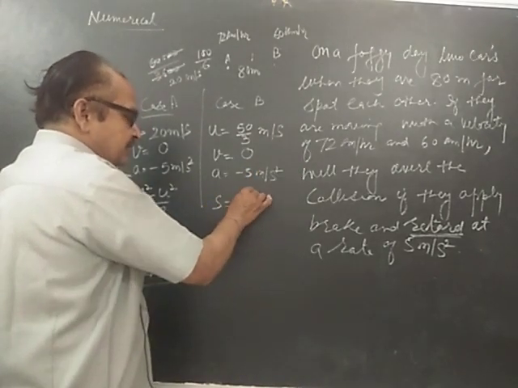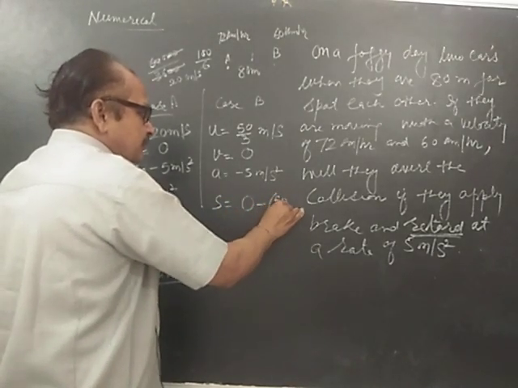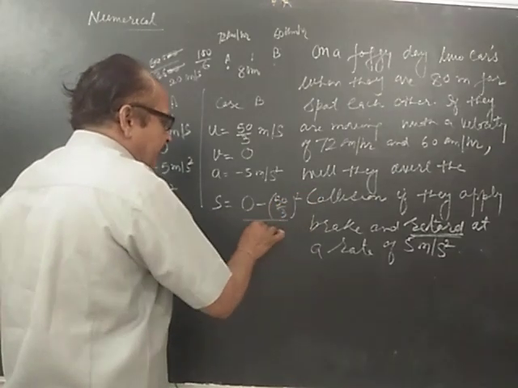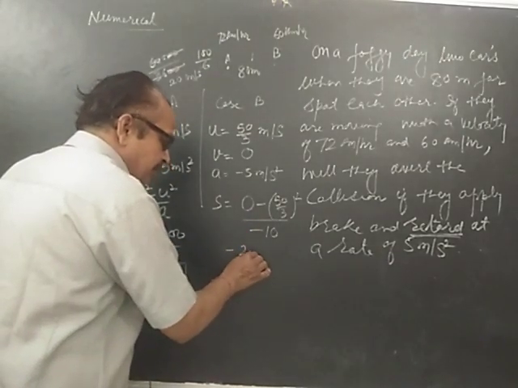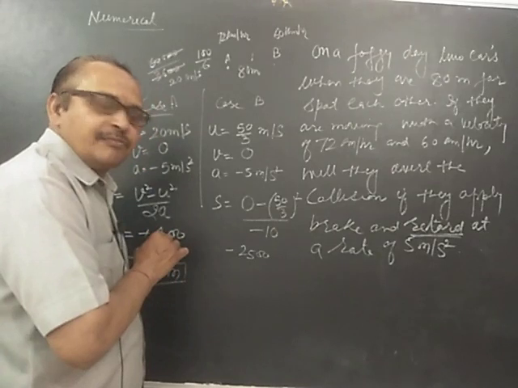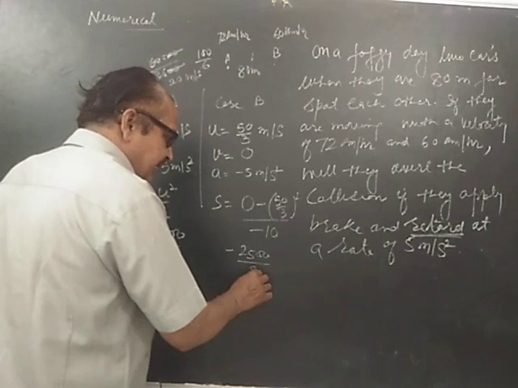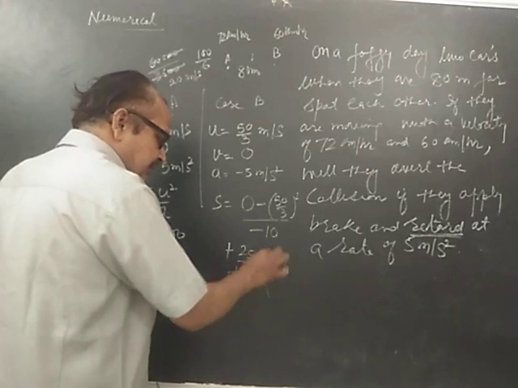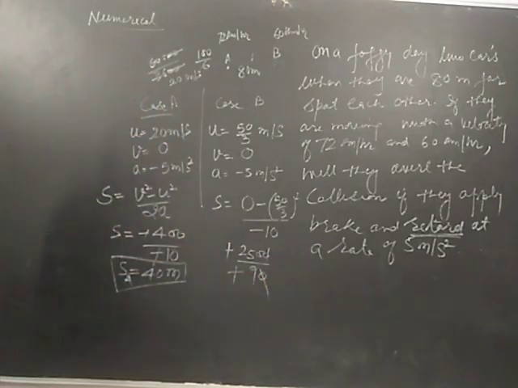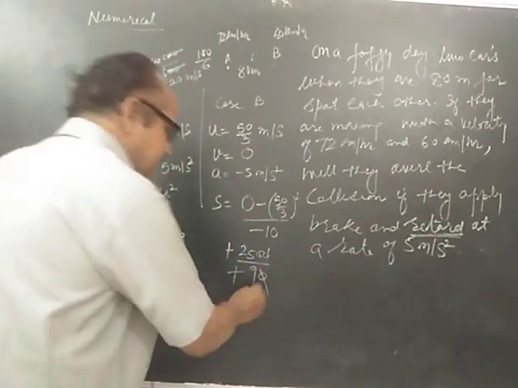Again, what will be S? V square minus U square divided by minus 10. So what will I get? Minus 2500 divided by 3 3s are 9, and this 9 comes down, 90 with minus, this cancels, 250 by 9. And when you solve this, you get 27.78 meters.